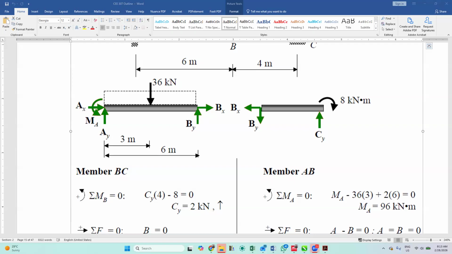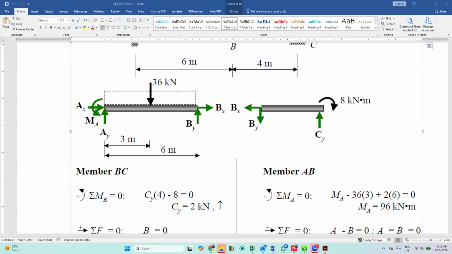Now, what I'm saying is that since we are taking a moment about this point, all these forces here will not take effect. If you say this force times perpendicular distance, because it's at this point, the perpendicular distance is 0. So the forces along the x and the y axis here will not take effect.